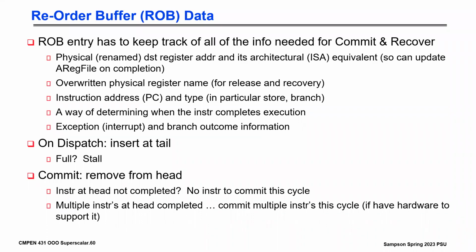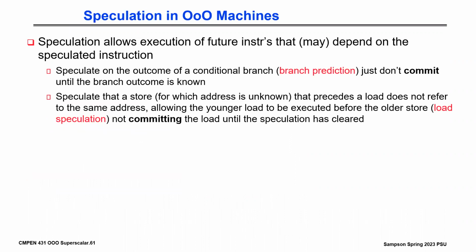I want my steady state of committing to be proportional to the width that I can do instructions elsewhere in this pipeline. So we have a multi-wide fetch, we have a multi-wide execute, we're going to need a multi-wide commit, or else, what was the point? Okay, and you can go play around with simulators just for ROBs if you want to.